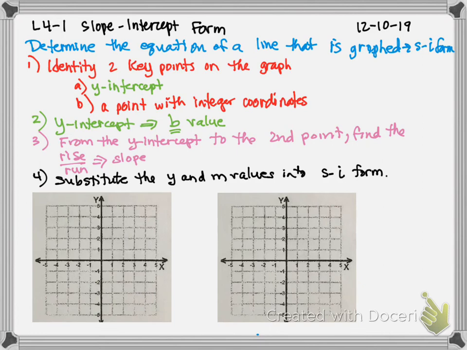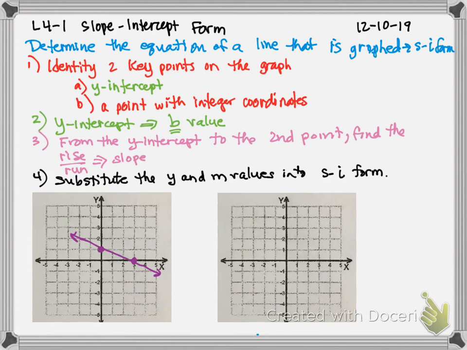We're going to go ahead and create the graphs. So the first one, I want you to mark a point at 0, 1 for the y-intercept, and another at 3, 0. So we have a x-intercept and a y-intercept, and then we're going to go ahead and draw the line through them. So all we need are 2 key players, a y-intercept and some other point with integer values.